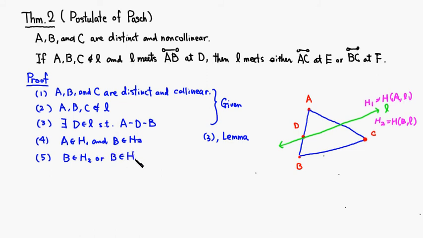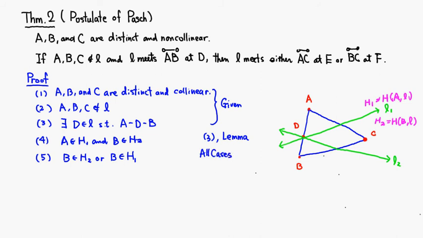So if I drew the line differently, say like this, right? So C could be in, I'm going to call it L1, and this is going to be L2, right? So C could be in H1, on the A side. So these are all possible cases.